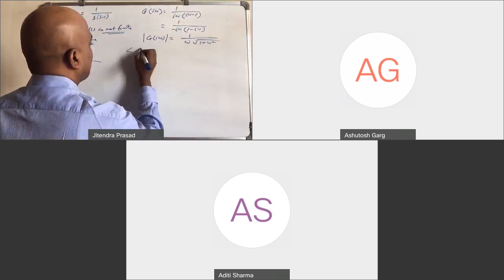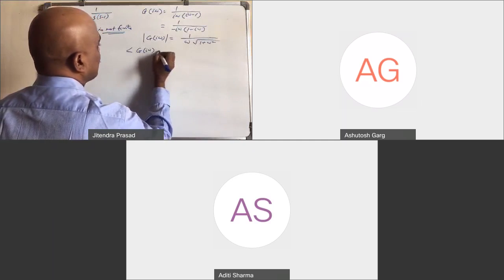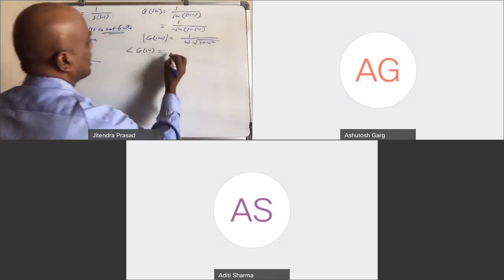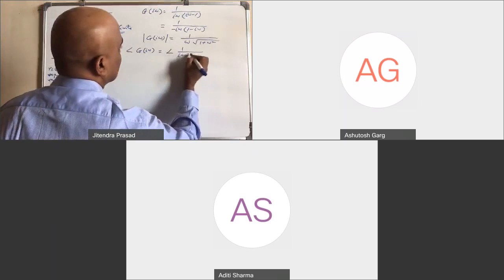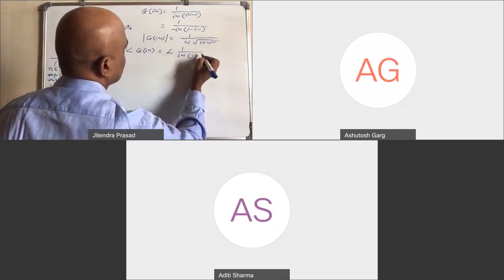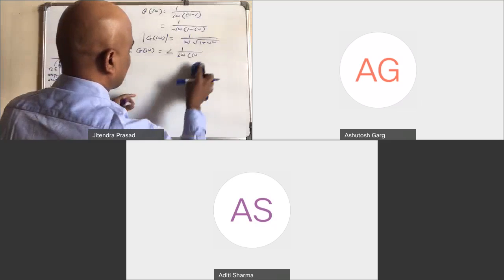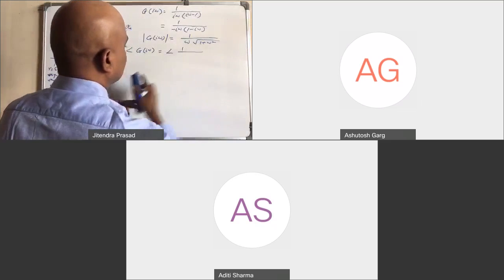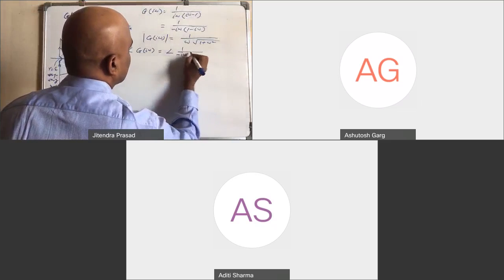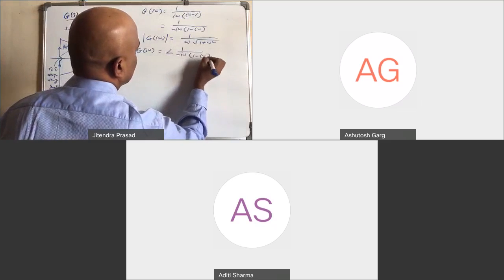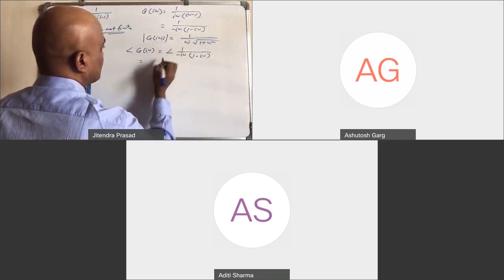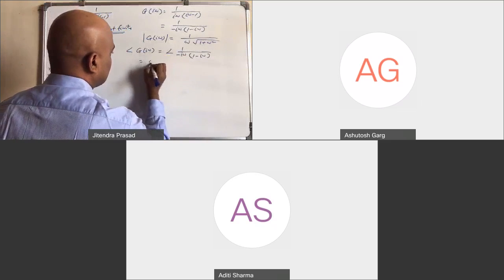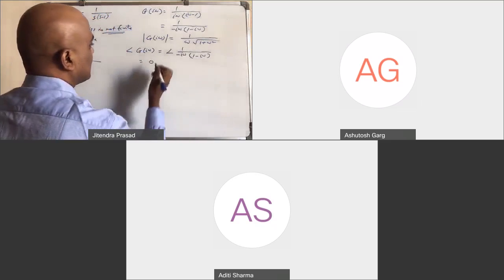The angle of G(i omega) will be the angle of minus i omega multiplied by (1 minus i omega), which will be equal to 0.